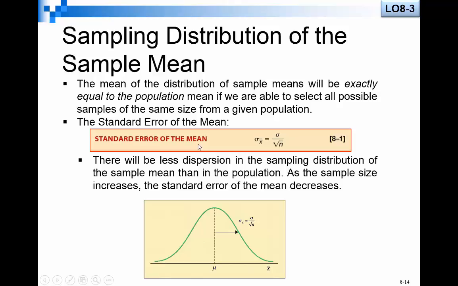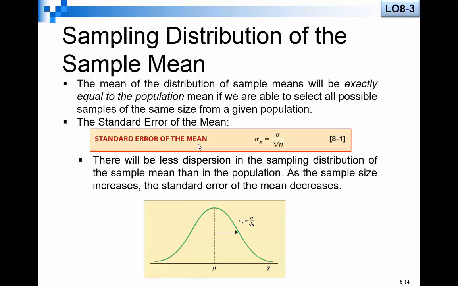Right? In plain English, it kind of makes sense, right? We've got some error that happens when we take a sample mean and compare it to the population mean. That's just the characteristic of statistics.